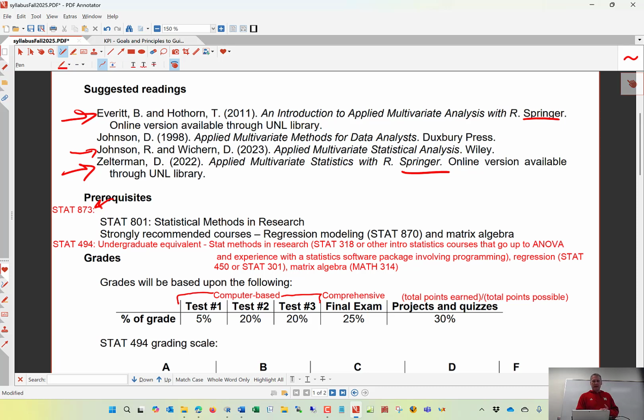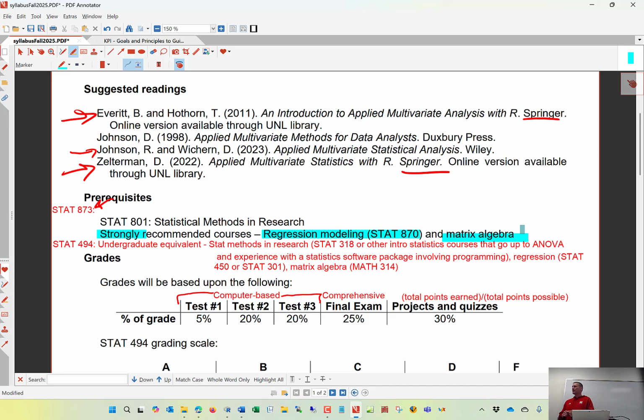But what's also listed as being recommended or strongly recommended is a course on regression modeling, such as our Stat 870. This is a full semester of understanding regression models: simple linear regression, multiple linear regression, various other extensions to regression, and also more exposure to a statistical software package, but also very importantly, matrix algebra.